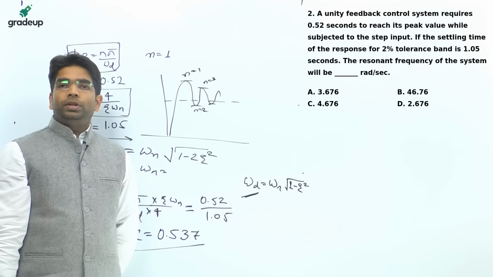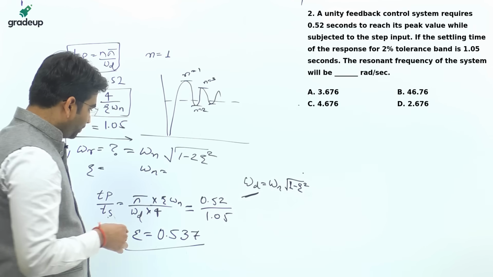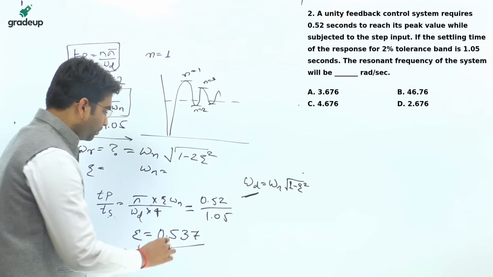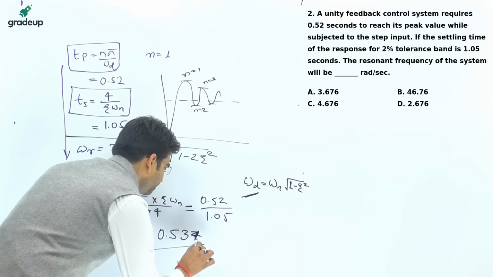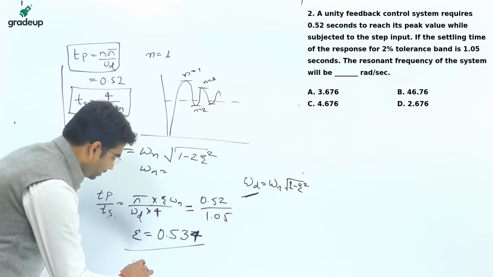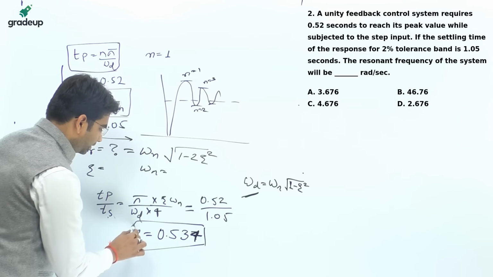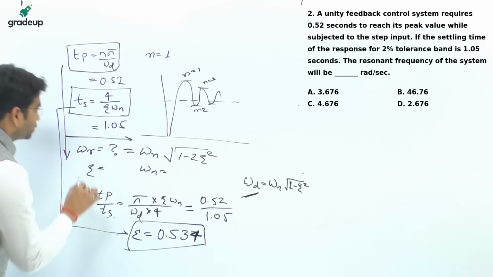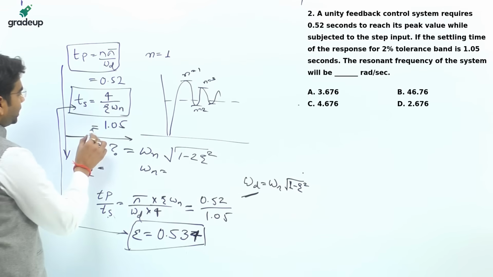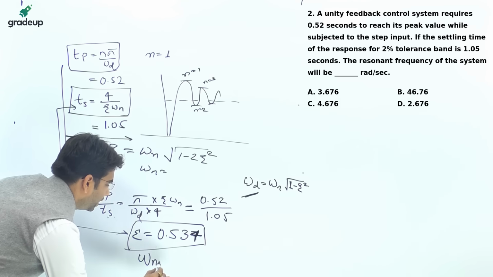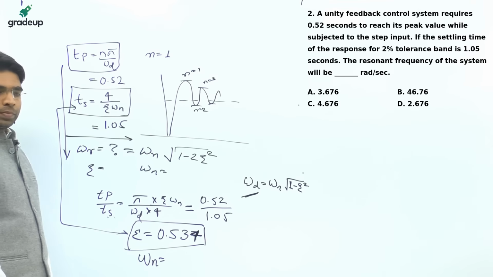And for others who are answering this, match whether the zeta is this one, 0.374, okay. And if this is zeta, and 4 by zeta omega n is known, so the settling time is known to us, so we can calculate omega n from this place, okay.